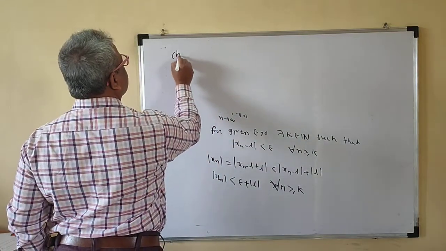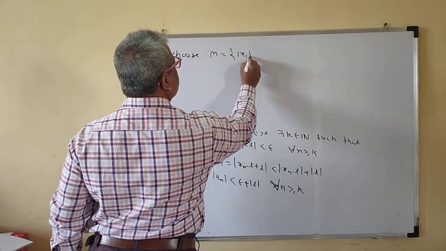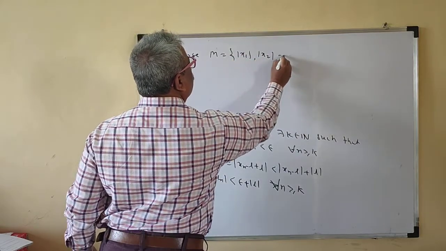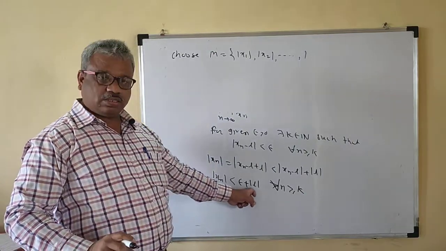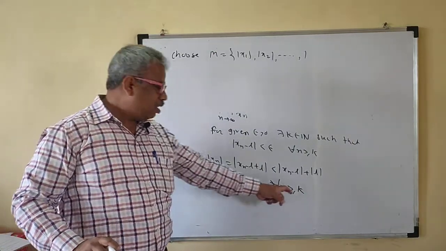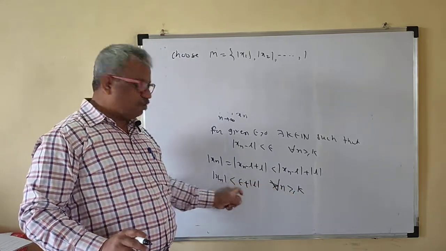Choose m as the maximum of mod of x1, mod of x2, and so on. Mod of xn is less than epsilon plus mod L for n greater than or equal to k. This is not up to k, this will be less than this.